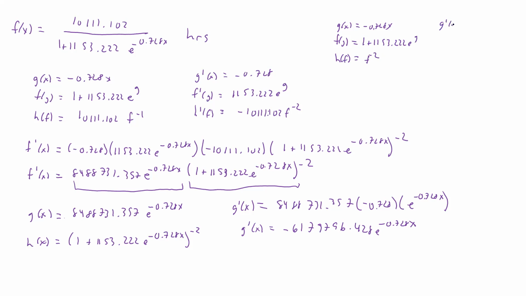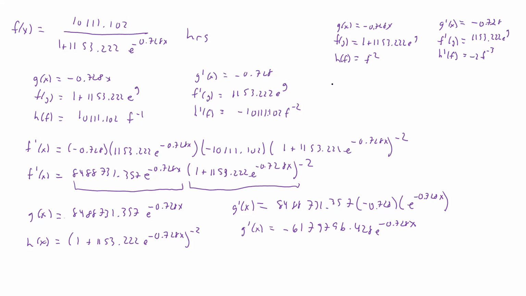So now g prime of x, f prime of g, and h prime of f. Well, g prime is negative 0.728, f prime is 1153.222 e to the g, and h prime is minus 2 f to the negative 3.